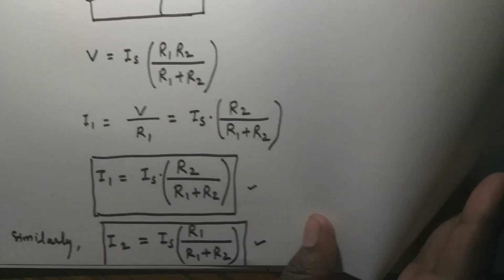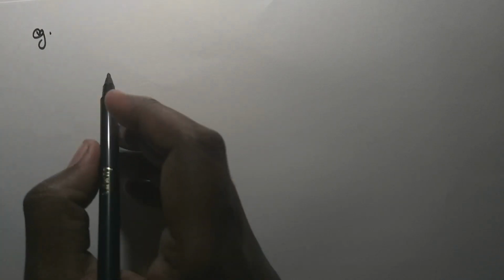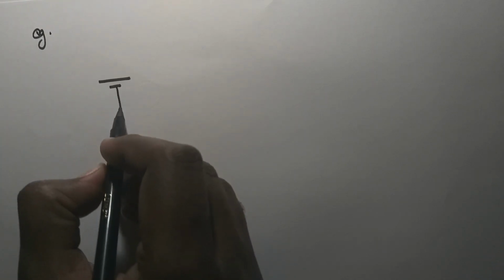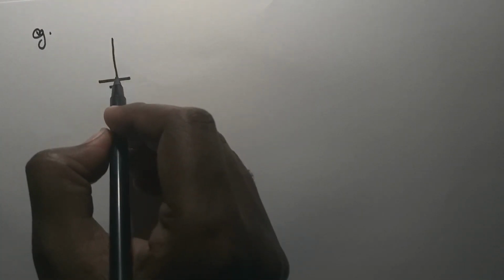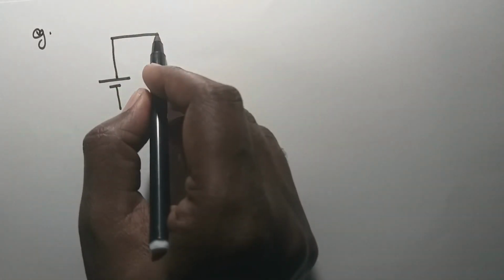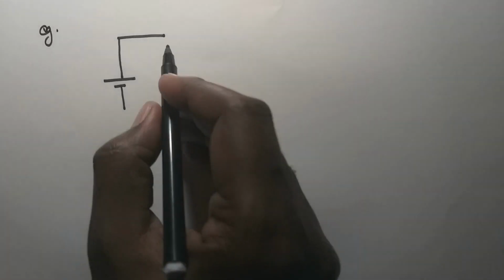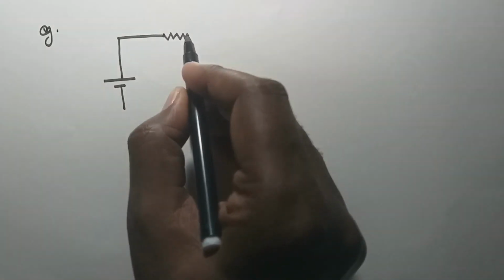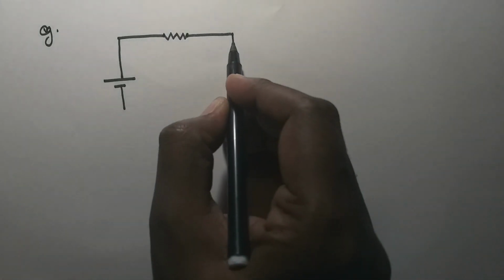So we can take the example. For example, we will draw the circuit diagram. The circuit diagram is this: we have a battery and some resistances are connected to this battery to form a complete circuit.